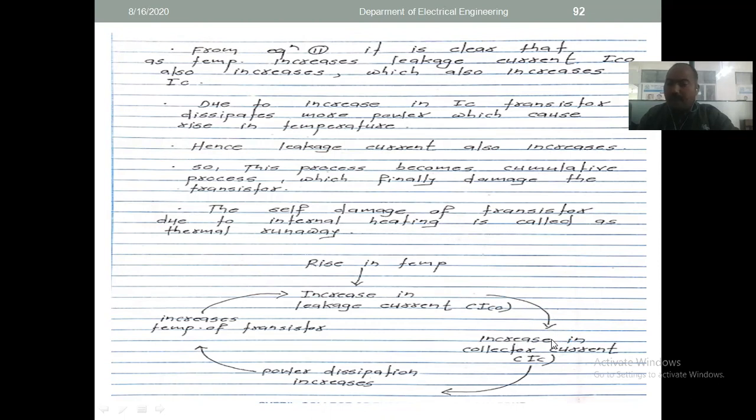So the collector current, being the sum of both, also increases. Collector current increases. So what happens?